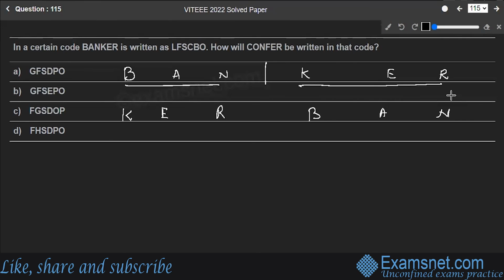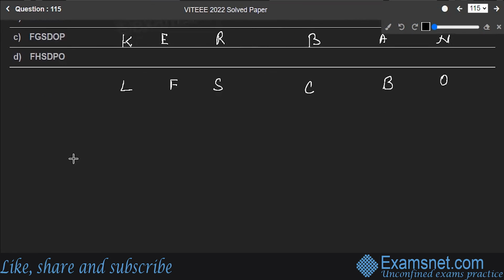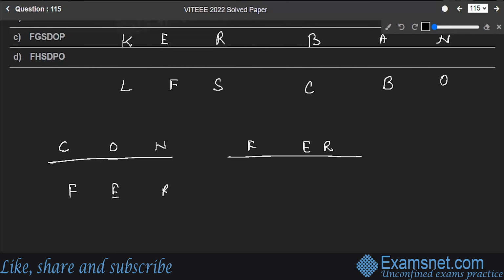Now in the second step, each alphabet is moved a step further. After K, you have L; after E, F; after R, S; after B, C; after A, B; after N, O. So this is L, F, C, C, B, O. You have to find out the code for the word confer. So C, O, N, F, E, R. This will be written first of all as FERCON.